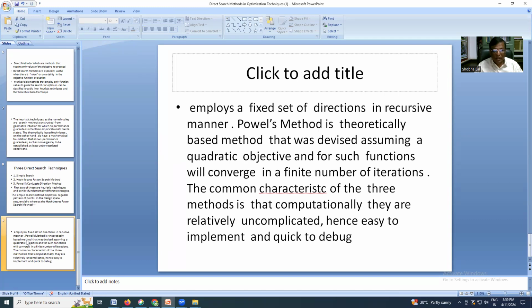So the question is that there are three search techniques. Then one is simple search. Then in which stage or in which case is this supposed to be applied?